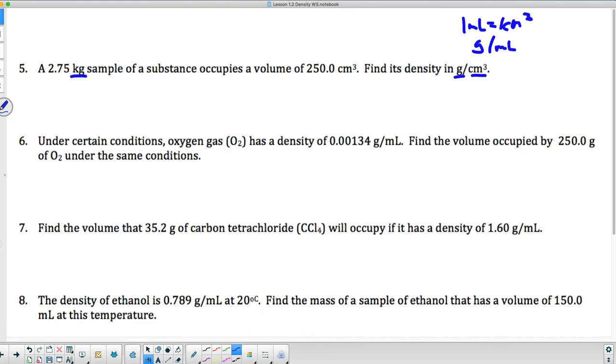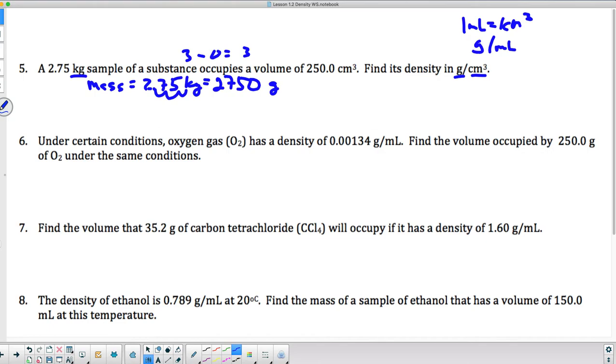So if we have kilograms for mass, I'm going to have to do a metric conversion from kilograms to grams to be able to find out what my answer is. So my mass here is 2.75 kilograms, and kilograms to grams means, if you remember how to do this, I go from 3 minus 0, because grams is 0, which gives me 3, which means I move the decimal place 1, 2, 3 places to the right-hand side, which is now my starting amount.